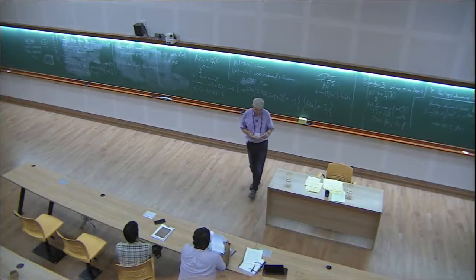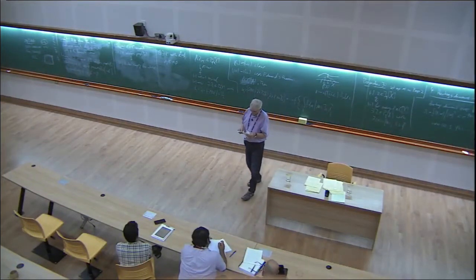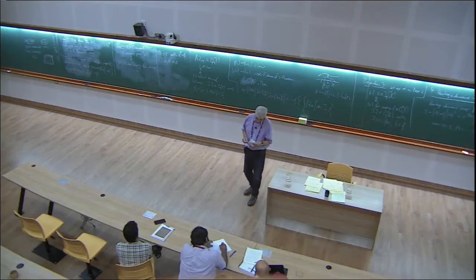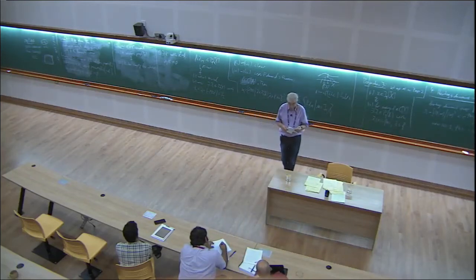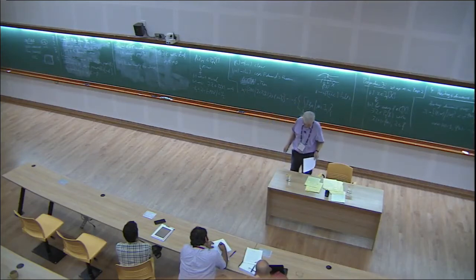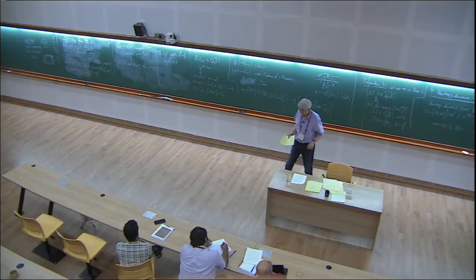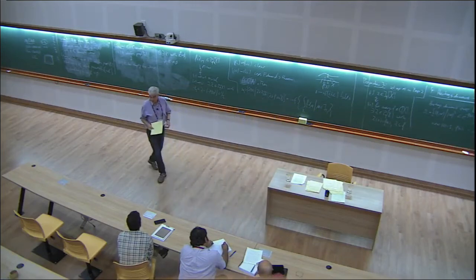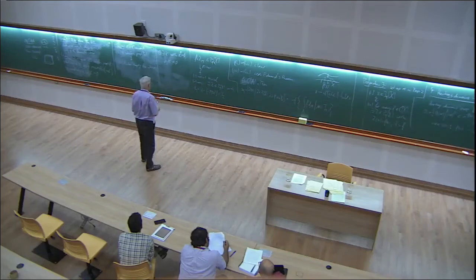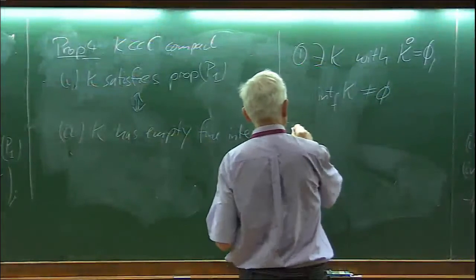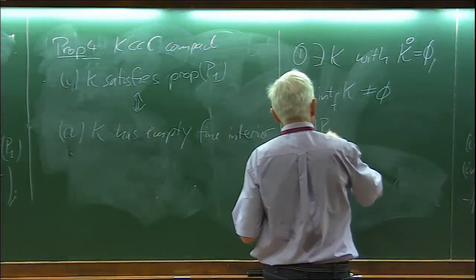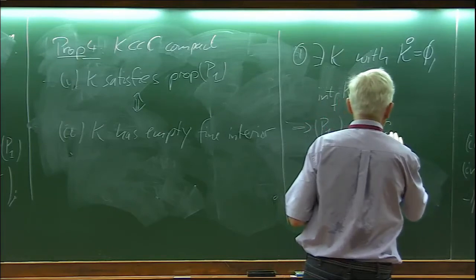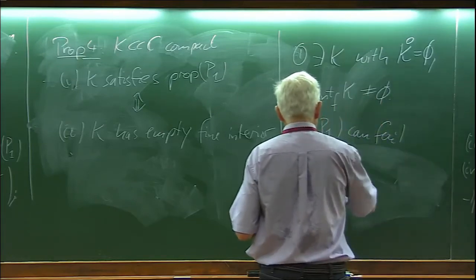Such a set does not exist. What I meant to say is a compact set in the plane with non-empty fine interior, but empty Euclidean interior. And if you don't do these things every day, it's not something you just write down. You sort of have to know the tricks of the trade. Anyway, such sets exist. So then we have P1 can fail, just for the record, without a disk in the boundary, right?